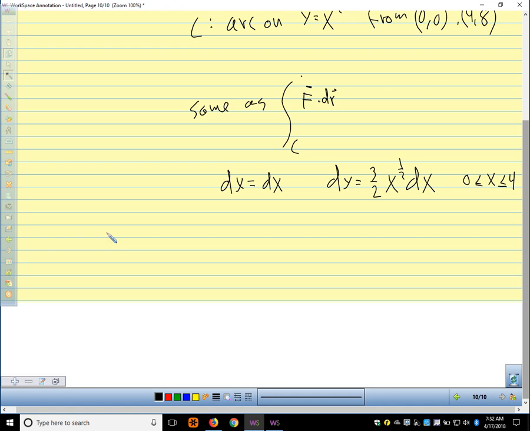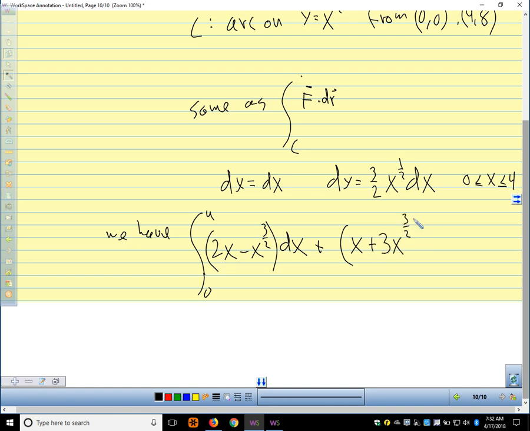So we have the integral from 0 to 4 of (2x minus x to the 3/2) dx plus (x plus 3x to the 3/2) times 3/2 x to the 1/2 dx. That's dy.